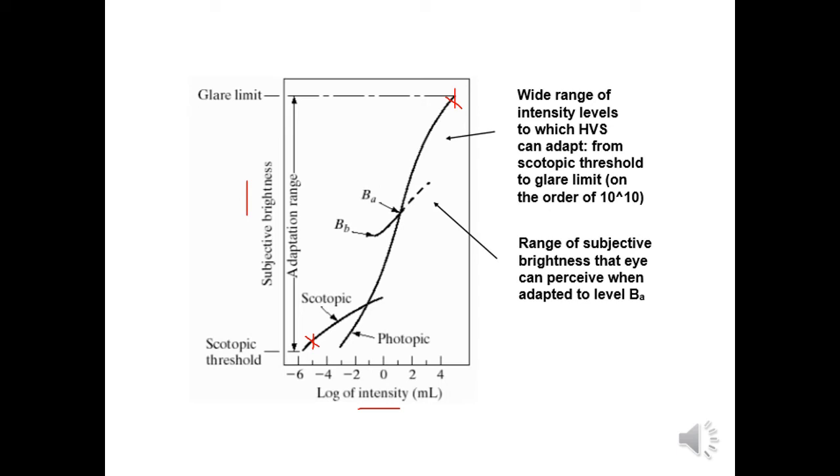From this particular point to this point, adaptation needs to be managed. If we talk about this particular point, the human visual system may be able to visualize the area near this point, but not from here to here. So this is the range of subjective brightness that I can perceive when there is adaptation at a particular level.